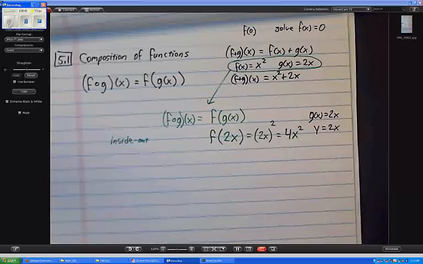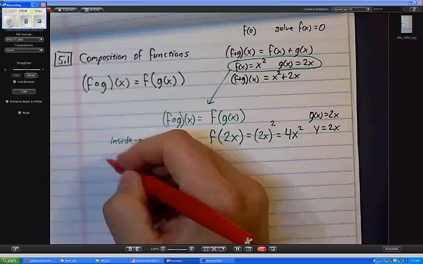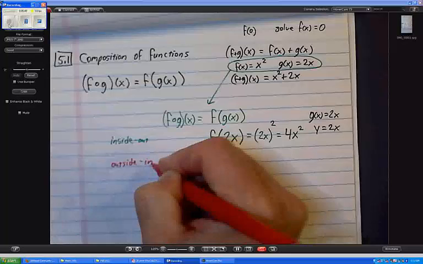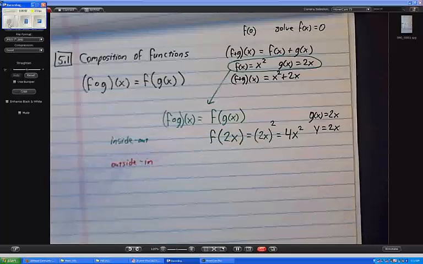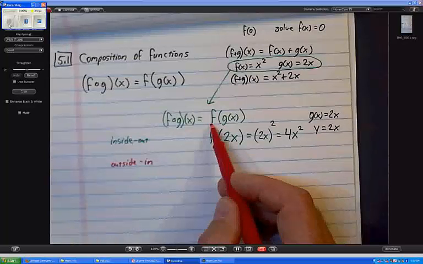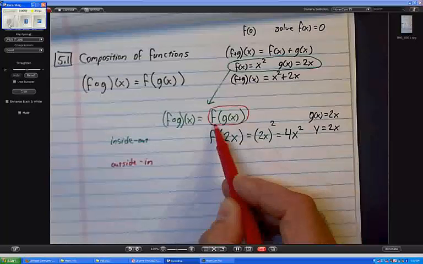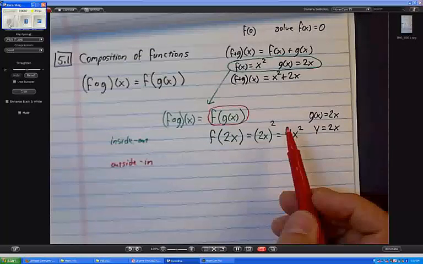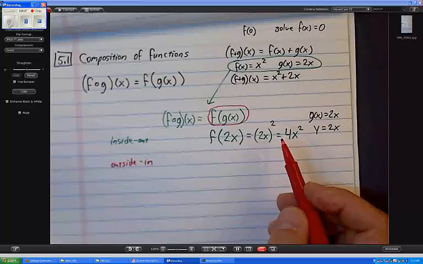Now, I can also evaluate it outside in. To me, this is less natural. But I'm going to go ahead and do it. See, it says f of g of x. That means I need to put g of x everywhere that an x is. Okay? So f of x is x squared.